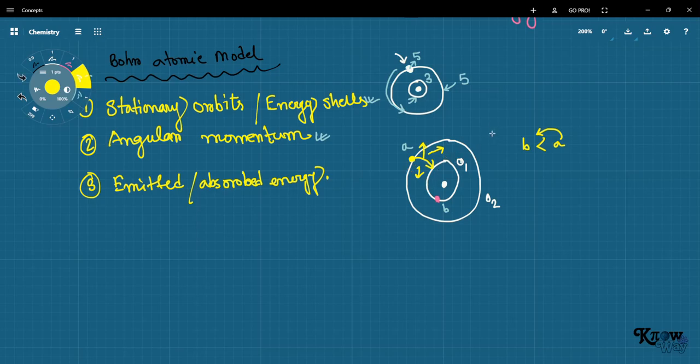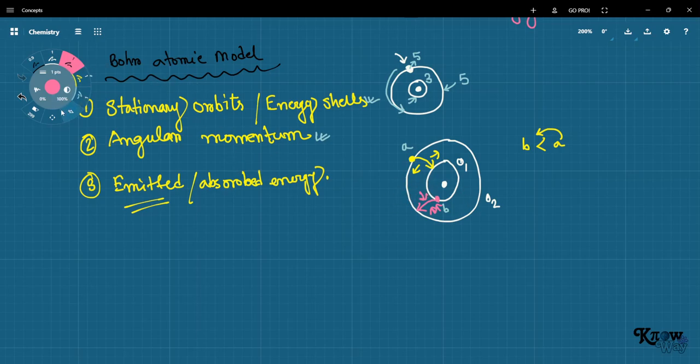The energy will be diverging from him, so he will emit the energy. And if B wants to go from this O1 orbit to this O2 orbit, it has to gain energy, right? Because it has a lesser amount of energy. If it wants to go to A, it will have to gain the energy.